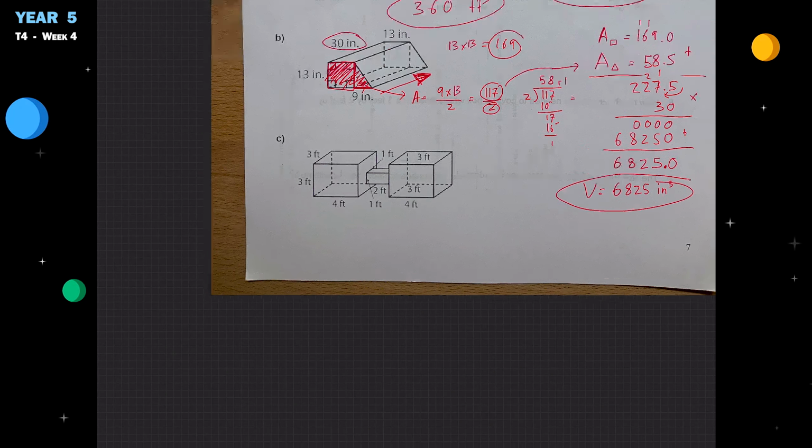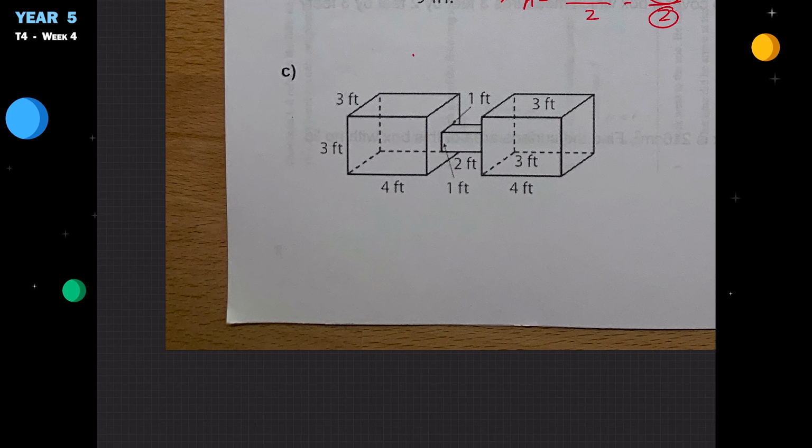Alright, now the next one is you're going to have to find the volume of each piece. Volume of that, volume of that, and volume of that. Now, what makes it easy is that this one and this volume is the same, because they have the same length, the same width, and the same height, which is 3.